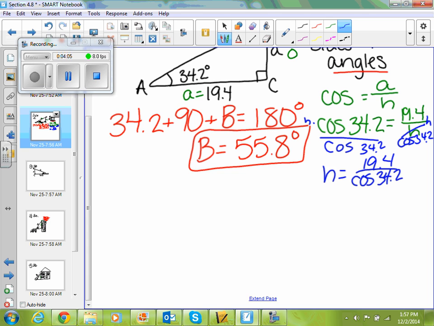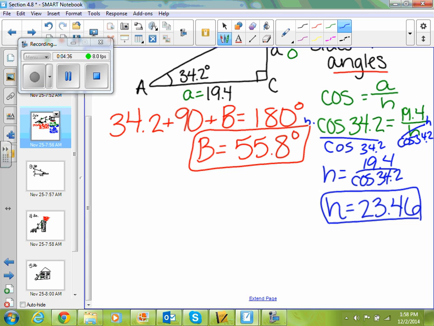And then what do you get approximately? 23.46. We're talking about a length, so it can't be degrees. So 23.46.